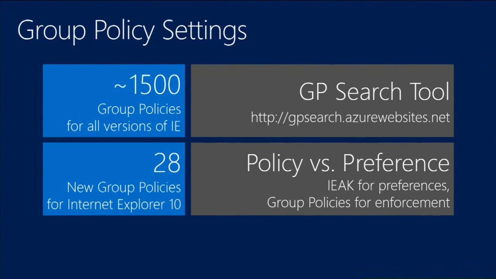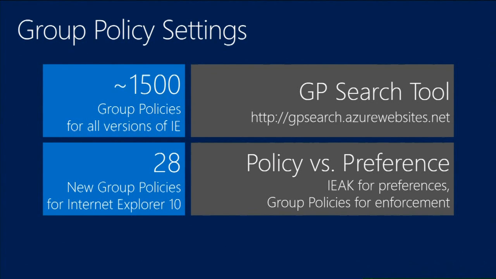The way I think about Internet Explorer, with its 1,500 or so group policies, is that it is a highly configurable browser. But the good news is, at the end of the day, after you've made these configuration changes, it's still a browser that's supported by Microsoft. So there are lots of changes.